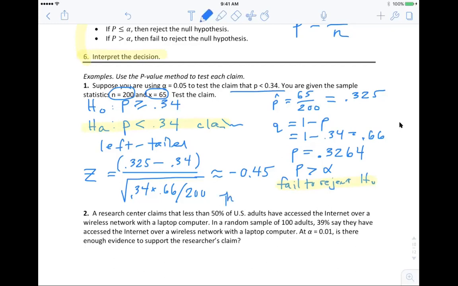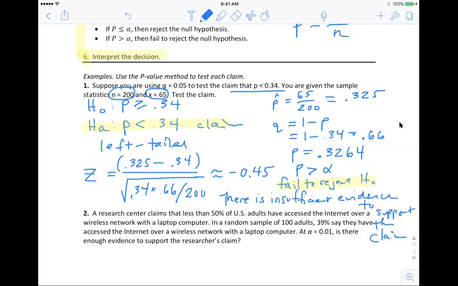This one: there is insufficient evidence to support the claim. Sorry, I ran out of room. Okay. And there we go. That's how that one works.